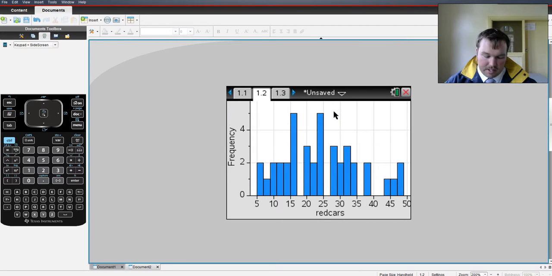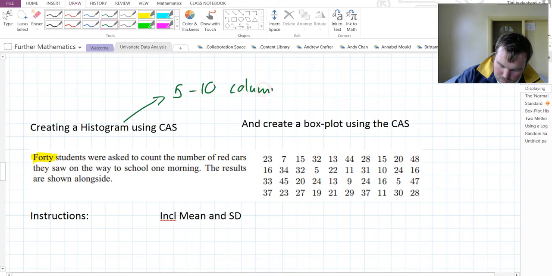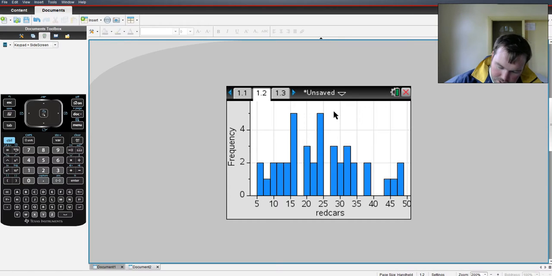Now, guidelines for histogram. If we're after a histogram, we want between 5 to 10 columns. So, if we look at our calculator, there is far more than 5 to 10. We are going from 5 all the way up to 50, so I think it would be sensible to have our bracket size, or the bin size, as 5, because that way it'll get us our guaranteed 9.